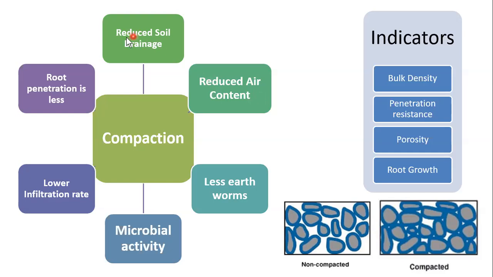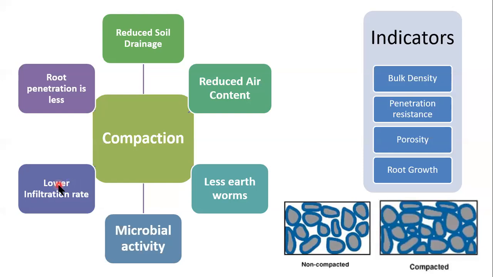Compaction means we have reduced air content. When we have a compacted soil, the air is of course less in the soil. We have fewer earthworms. The biological population in the soil is less because we have less air content. Microbial activity is limited.